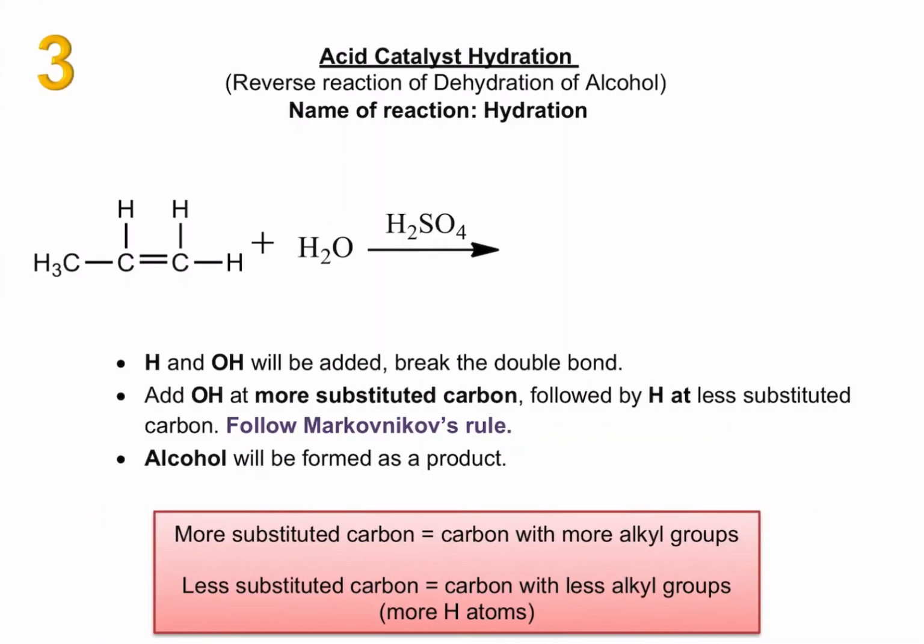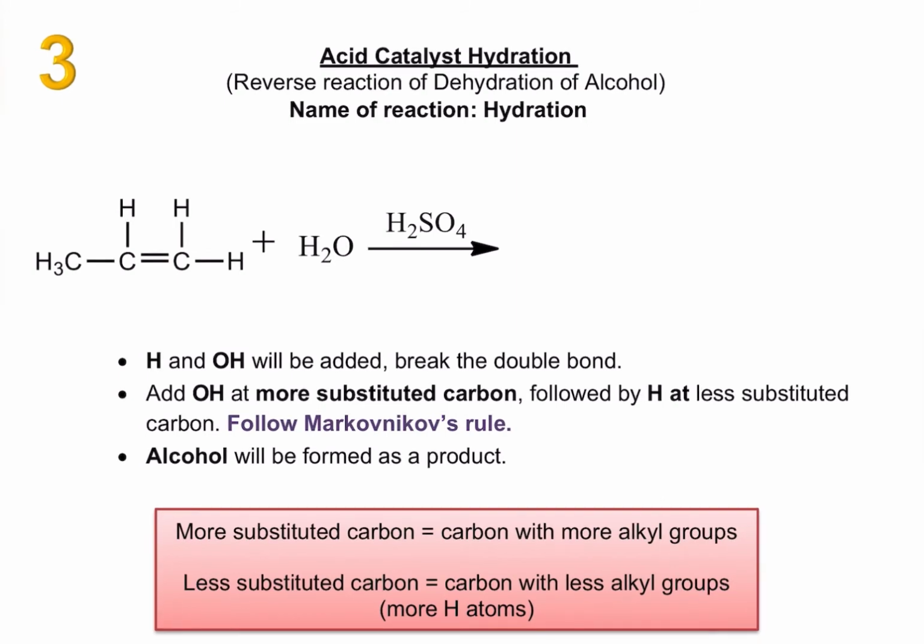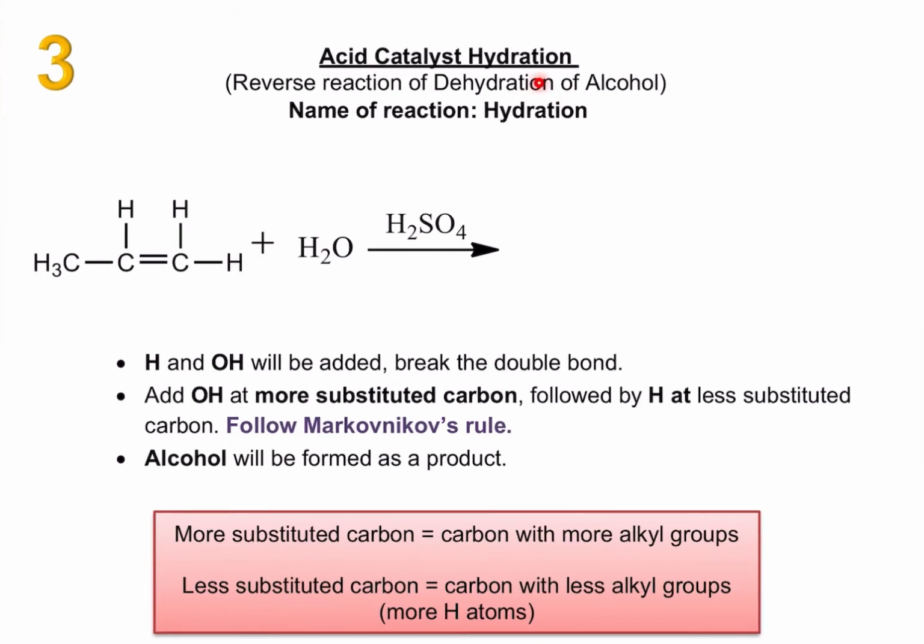Now we are going to continue with acid-catalyzed hydration, which is the reverse reaction of dehydration of alcohol. For dehydration of alcohol, we use alcohol as reactant. But right now, we are going to use alkene as reactant, and it will undergo the hydration process by adding water, H2O.